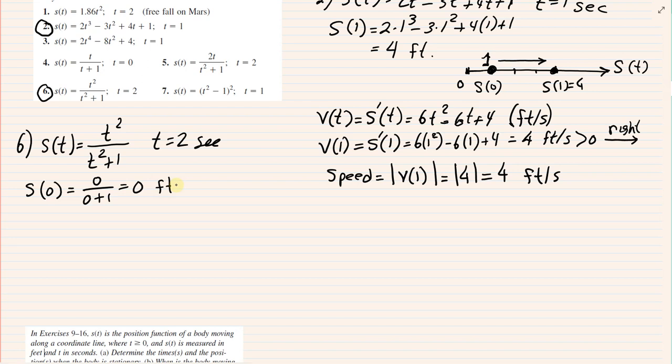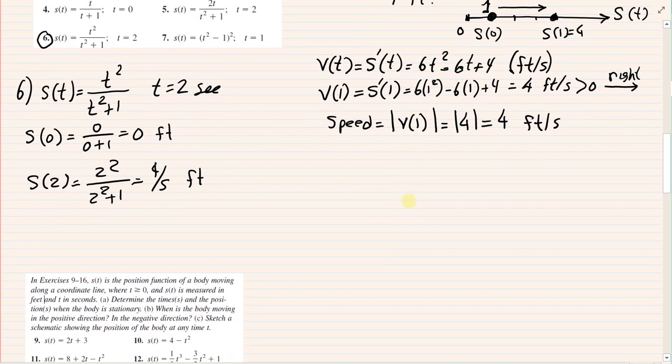Okay, and then let's find at t equal 2 seconds. So the position s at 2 is going to be 2 squared over 2 squared plus 1, which is 4/5 feet away from where it started. Now the velocity v of t is going to be s prime of t, and for this we got to do derivatives. So I'm going to do it using the quotient rule.